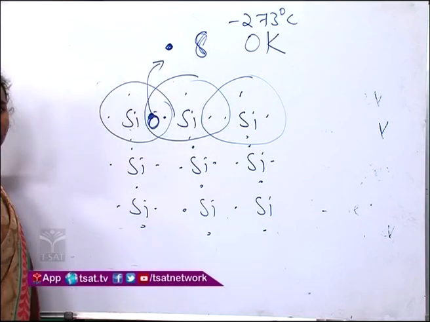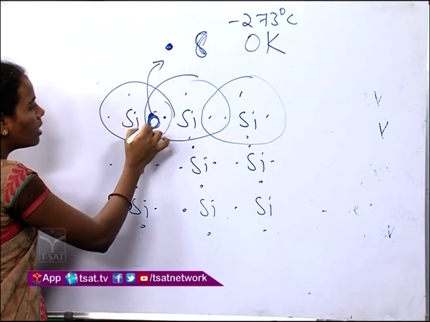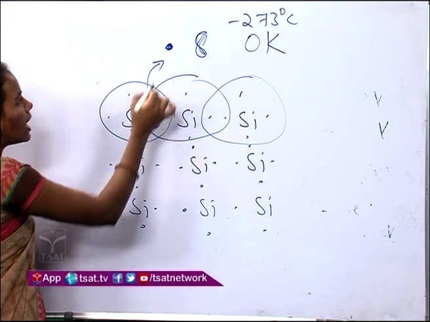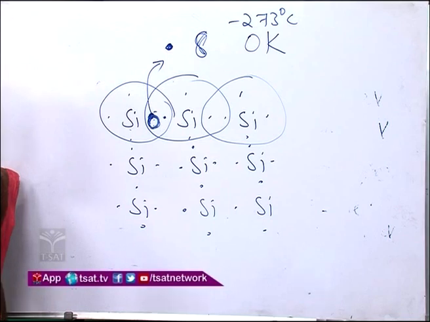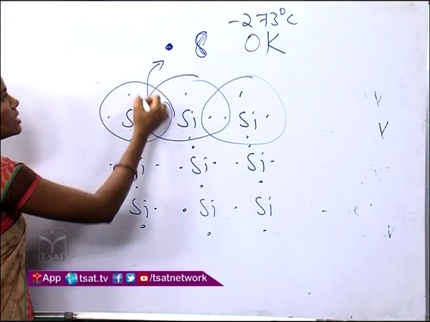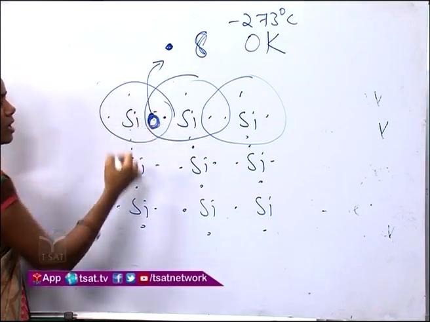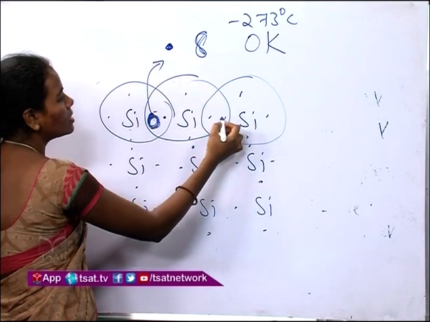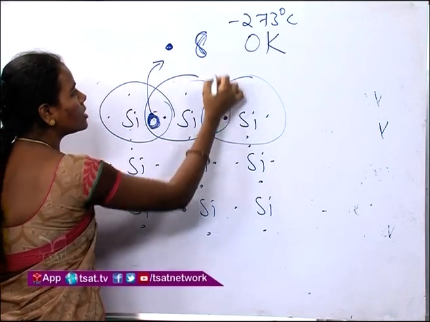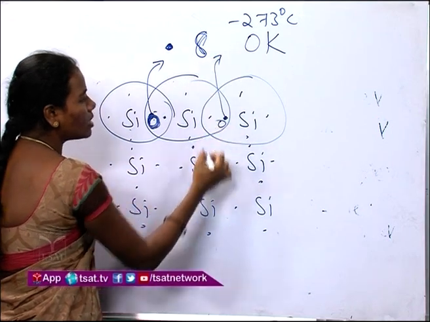where it has left. The number of holes and the number of electrons in pure semiconductors are equal, because whenever one electron is left from here, there will be a hole here.